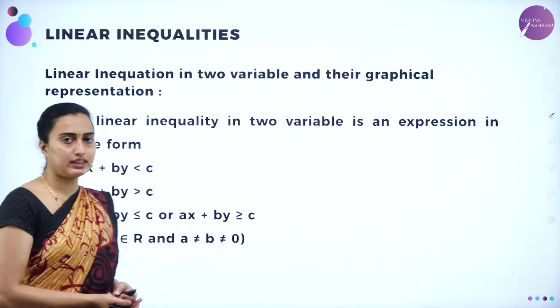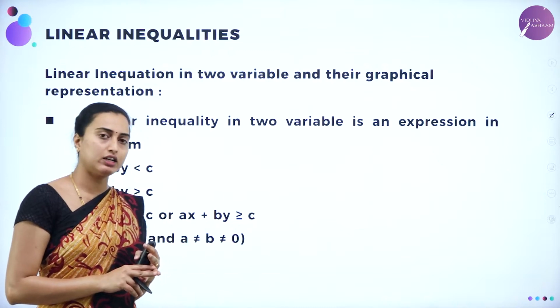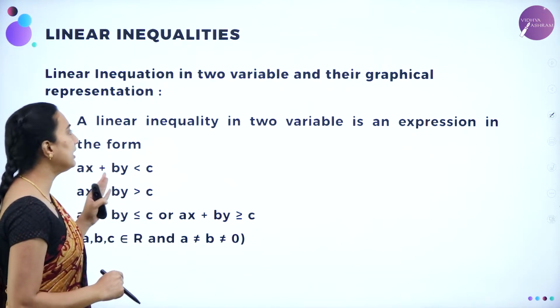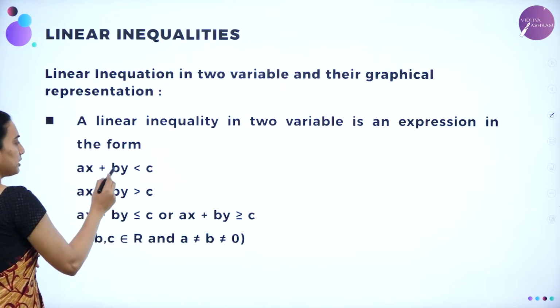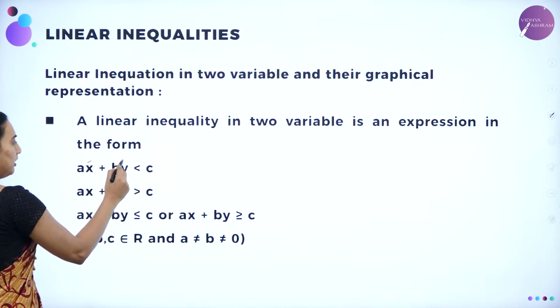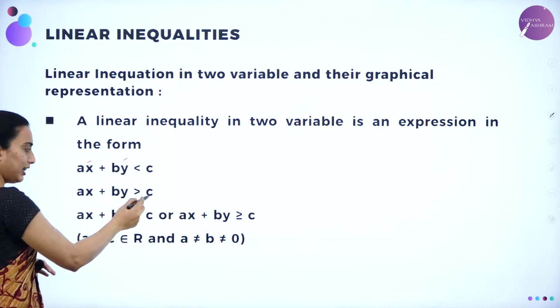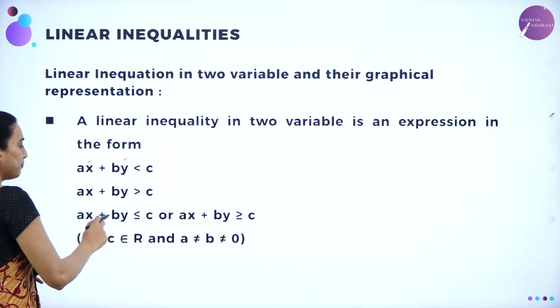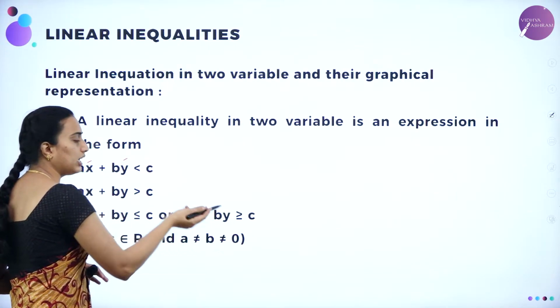Next is linear inequations in two variables and their graphical representation. A linear inequality in two variables will be in the form ax plus by less than c, where x and y are the variables, or ax plus by greater than c, or ax plus by less than or equal to c, or ax plus by greater than or equal to c.